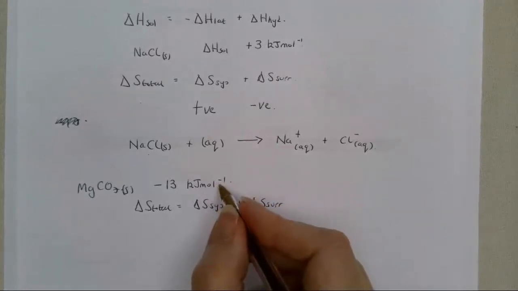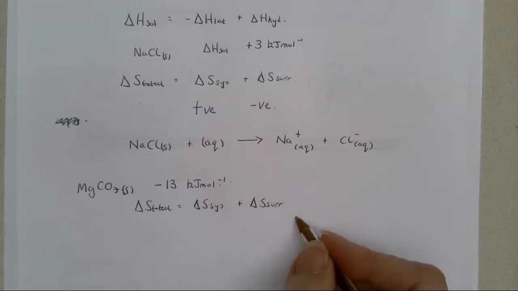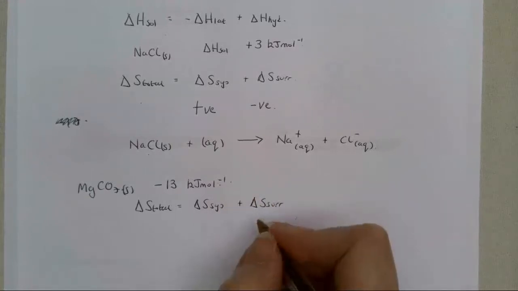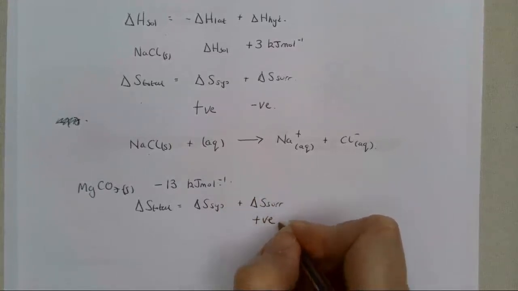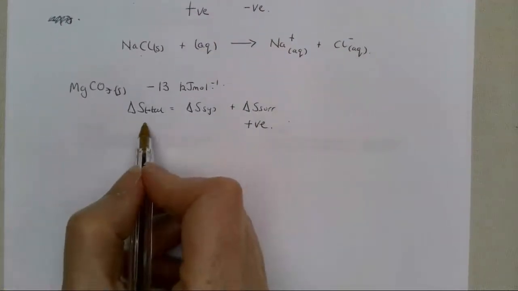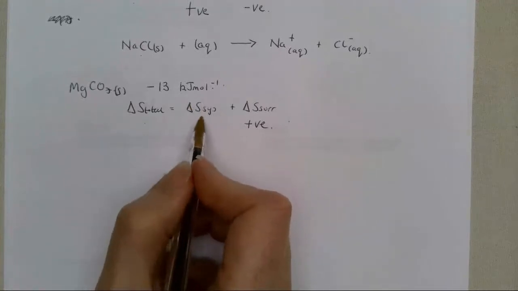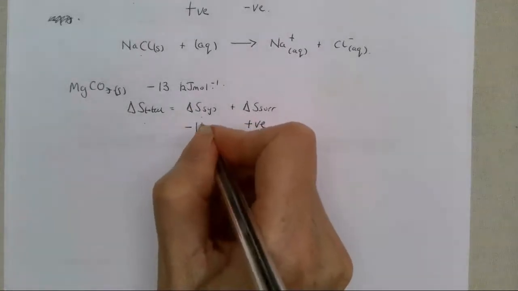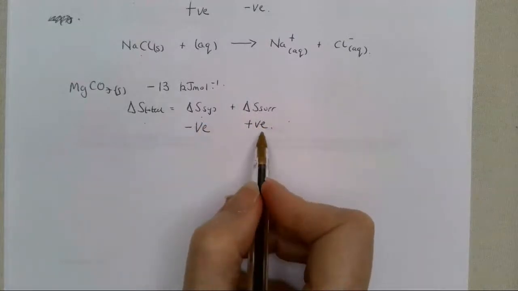Now we know it's an exothermic reaction, so that's going to make this delta S surroundings term positive. But in order for this delta S total to be negative, this system term has to be a negative value, and it has to be a larger negative than this is positive.